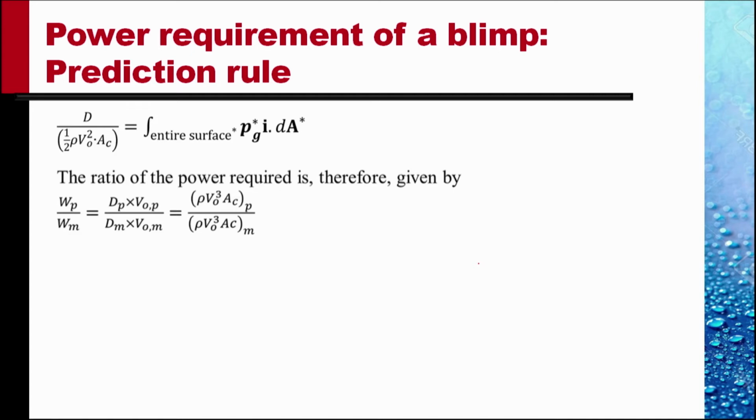And the power required, the ratio of the power required would be the ratio of the drag times the ratio of the velocity, since the power is drag times the velocity. So the ratio of the powers Wp by Wm would be rho V naught cube AC for the prototype divided by rho V naught cube AC of the model.